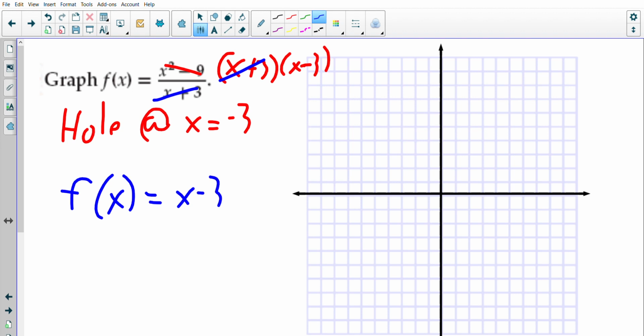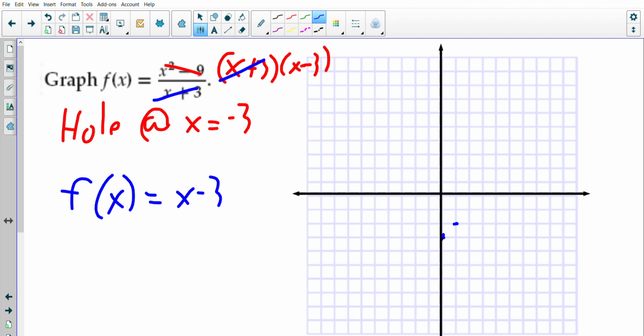So go to -3. Okay. And then up 1 over 1. And so remember, there is actually a hole at x equals -3. Sorry, that's a mistake on my part, I got ahead of myself. It's actually at -3.